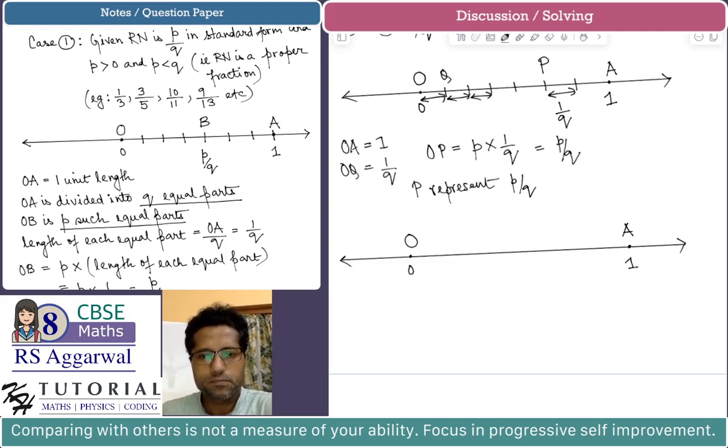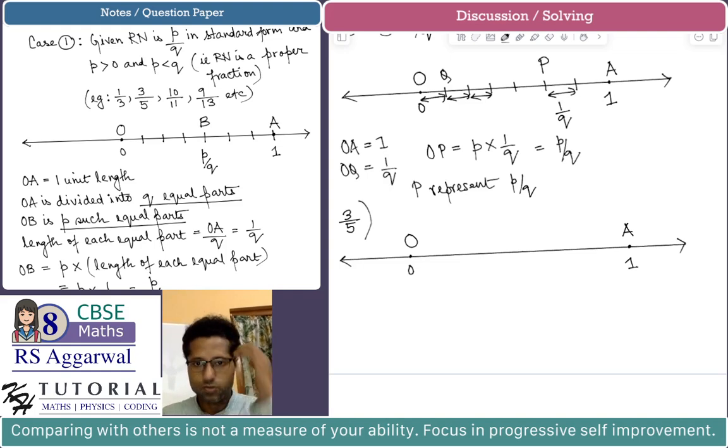Now since we are trying to represent 3 by 5, the denominator is 5 and the numerator is 3. The denominator is 5, which is q. So I will divide the segment OA into 5 equal parts. It need not be perfect, but approximately you divide the segment OA into 5 equal parts.